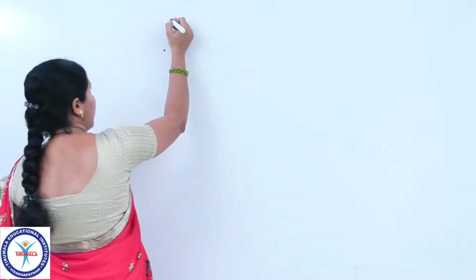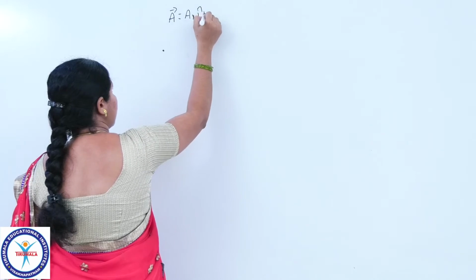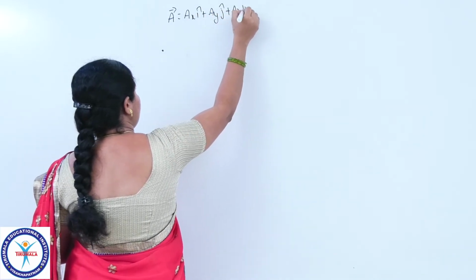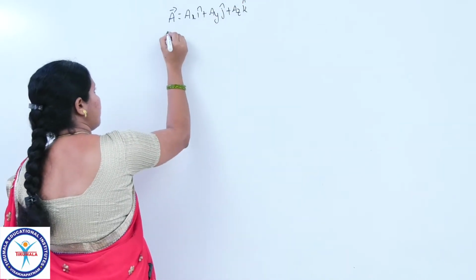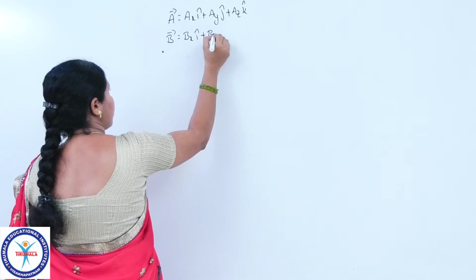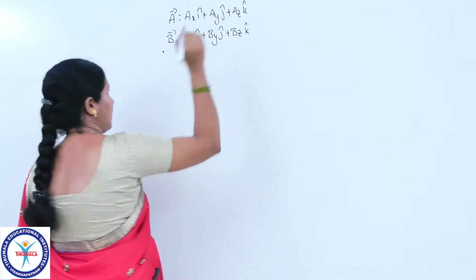Two vectors A bar and B bar are given, then how to find out the angle between two vectors by using dot product? Let us see now. We are given two vectors, that is A bar is equal to Ax i cap plus Ay j cap plus Az k cap, and another vector B bar is equal to Bx i cap plus By j cap plus Bz k cap.